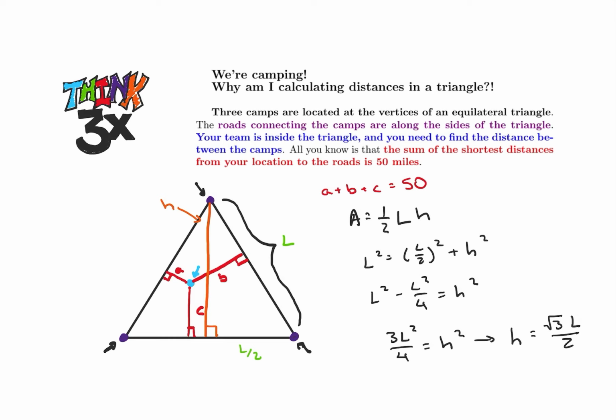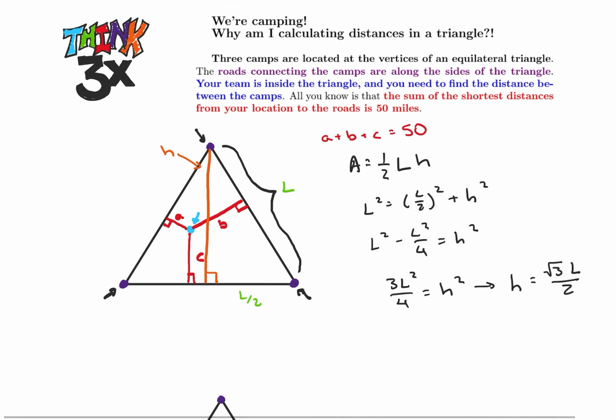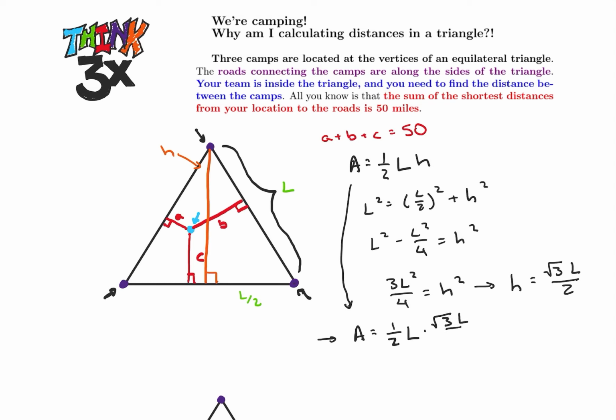Okay, so now I have the height. Going back to my calculation for the area, my total area is 1/2 times L times the square root of 3 L over 2, which gives me the square root of 3 over 4 L squared. This is the total area of my equilateral triangle.